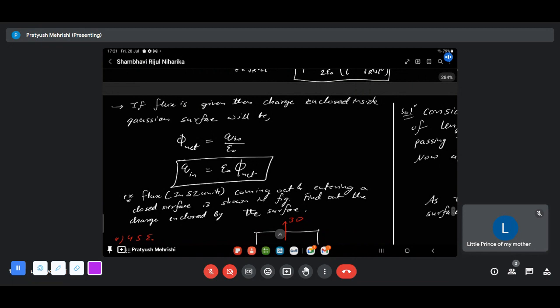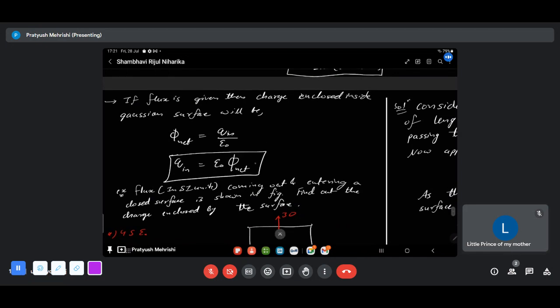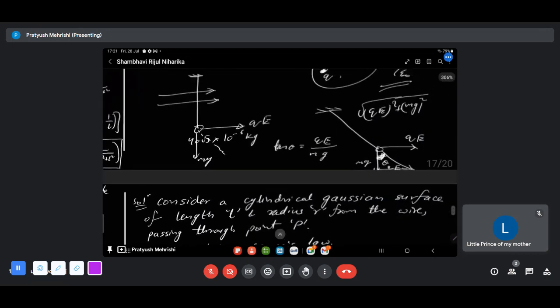It means if a flux is given, then the charge enclosed inside the Gaussian surface will be epsilon naught multiplied by phi. That will be the charge enclosed. Are you getting it?